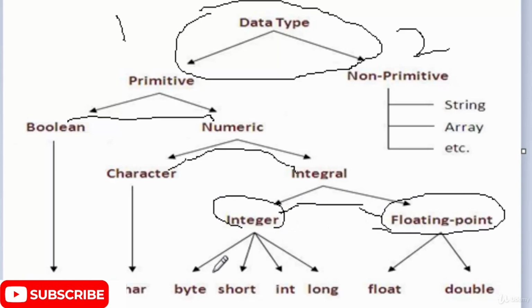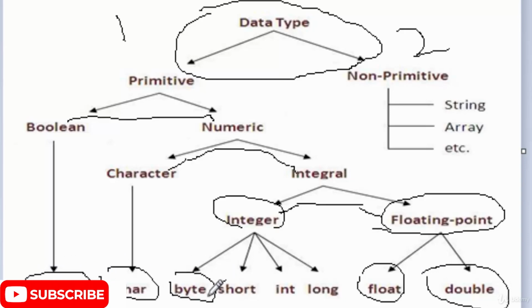In integer we have byte, short, int, and long. And in the float side we have the float and double variables. So in this course we work with boolean, character, byte, short, integer, long, float, and double.